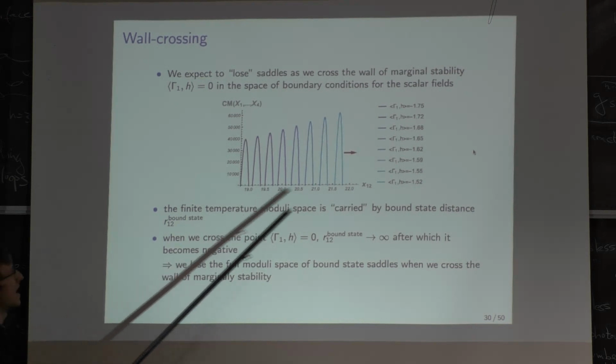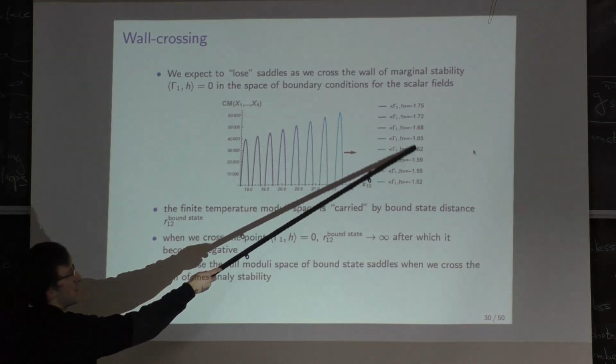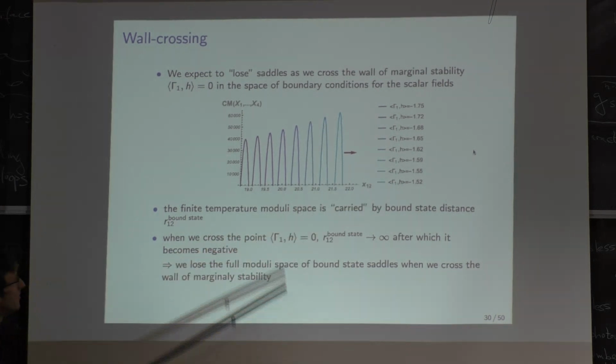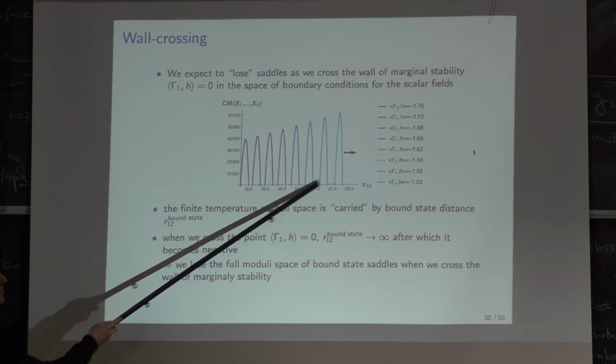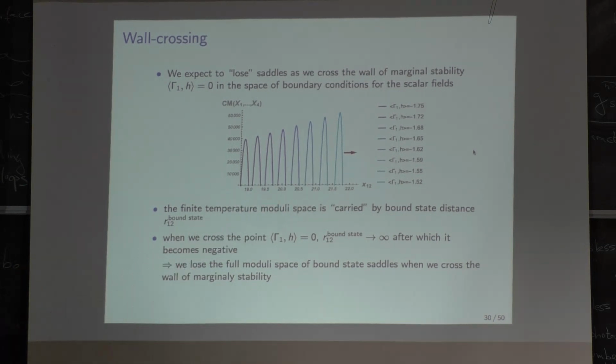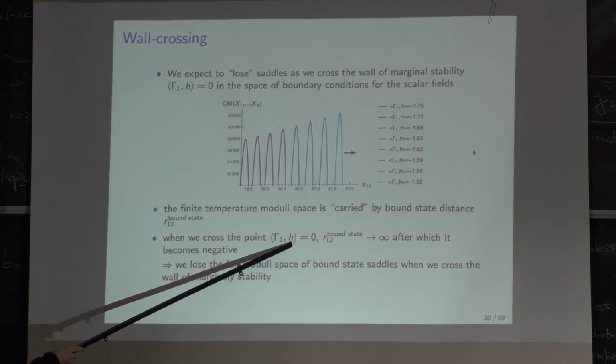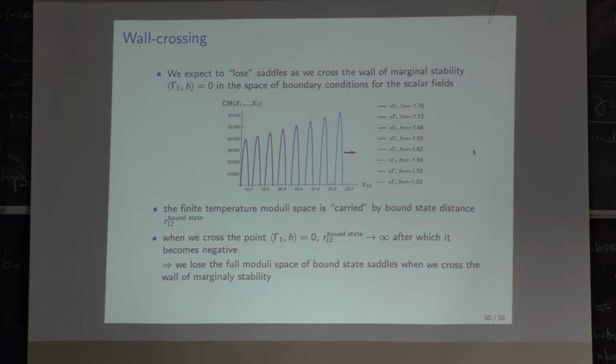So correspondingly, as you progressively approach the wall of marginal stability, the full moduli space in terms of x12 is going to move to larger and larger values of the distances, and then when you hit the wall of marginal stability, this full moduli space will go to infinite distances and then will jump to negative distances. So in this way, you're going to lose the full moduli space of solutions at finite temperature, and that's how wall crossing essentially happens from the perspective of the gravitational path integral.